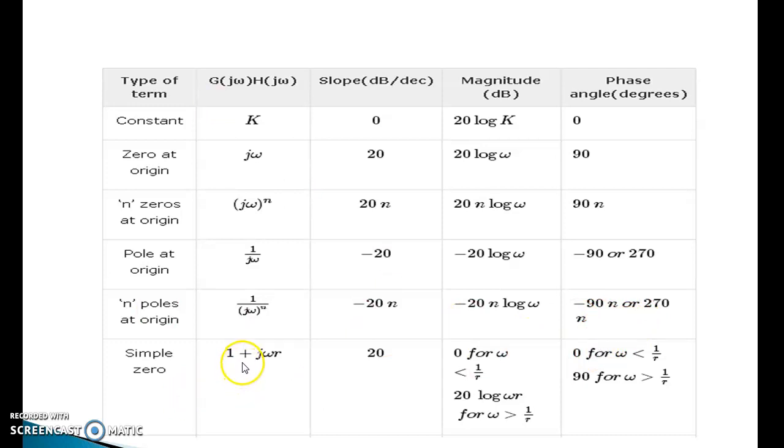Simple zero, G(j omega)H(j omega) value is 1 plus j omega r, slope 20 dB per decade, magnitude in dB is 0 for omega less than 1 by r, and 20 log omega r for omega greater than 1 by r. So phase angle is 0 for omega less than 1 by r, and 90 for omega greater than 1 by r.